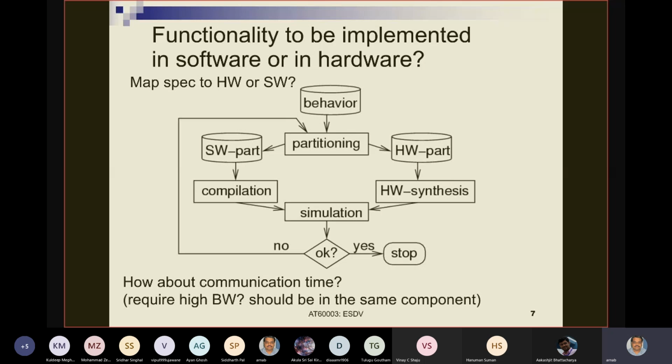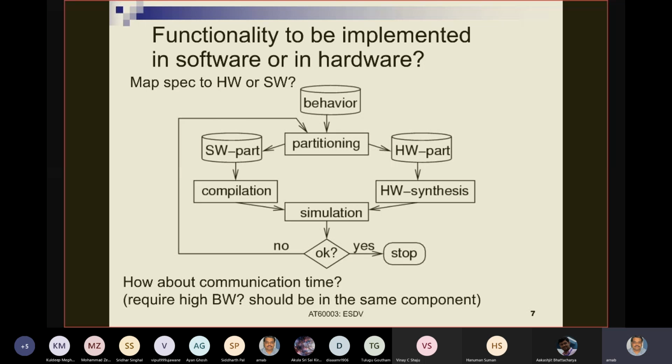Maybe I have said this before as well. What are the pros and cons of executing tasks in software and hardware? Software execution of a task is much more flexible than hardware execution. But software execution typically is much less efficient than hardware execution.